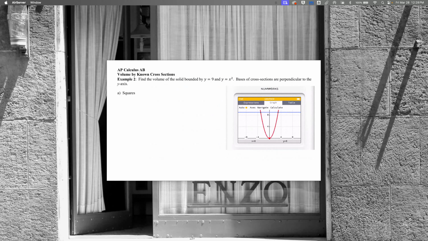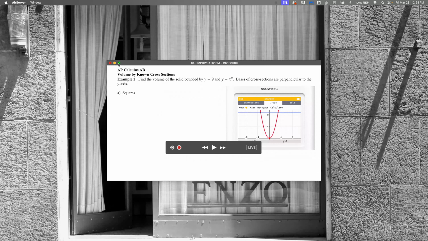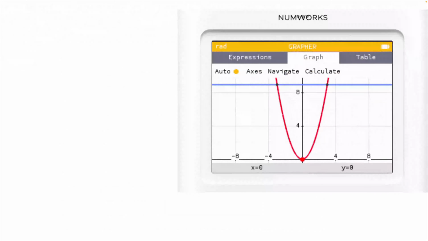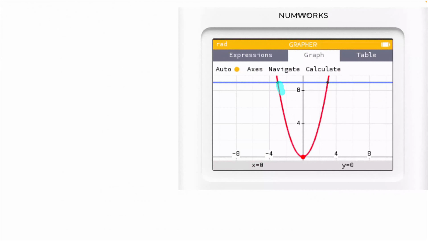Okay, so the bounded area is inside the parabola.